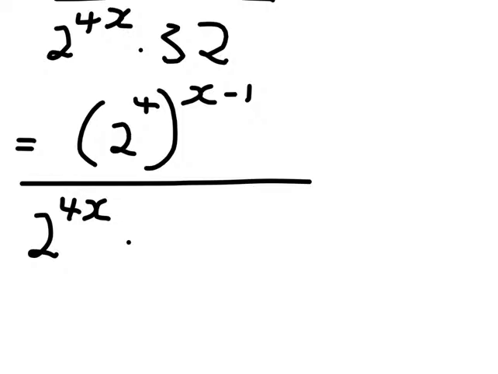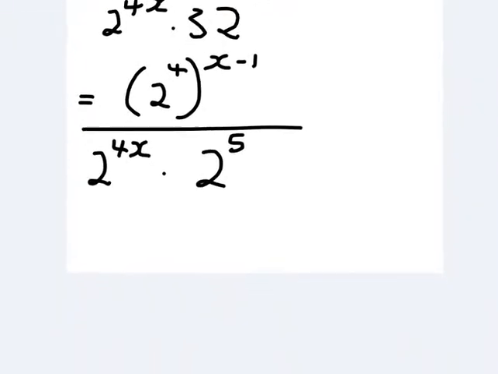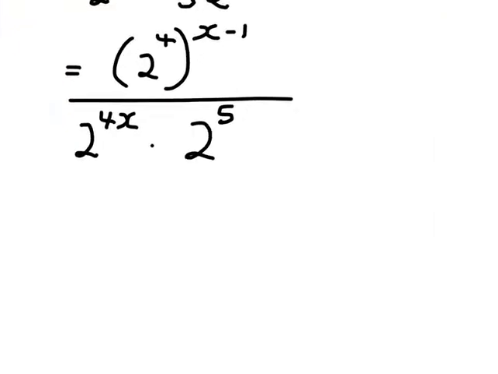I think 32 can be written as 2 to the exponent of 5. You can just check it, but if I remember, this is what 32 is. So now can you see, you have each expression in its simplest base or in its smallest base.